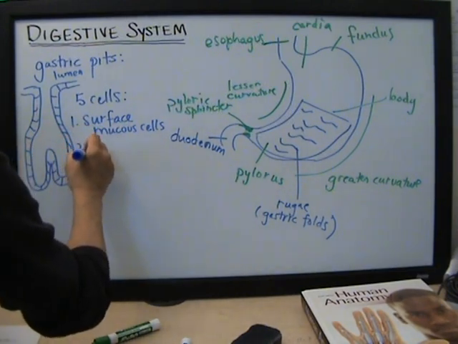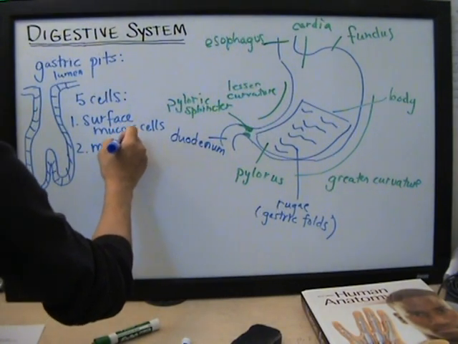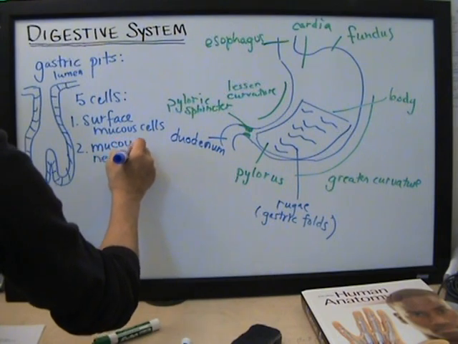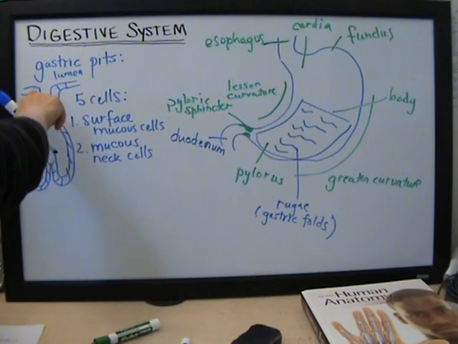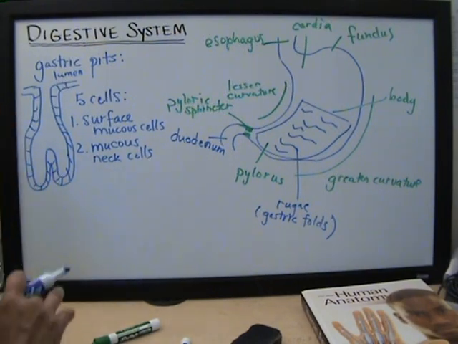We have the mucus neck cells, found along the neck here of the duct, and they also secrete mucus, but their mucus is acidic. The one up here is alkaline, but down here the mucus is acidic, and that maintains the acidic properties within the gland here.